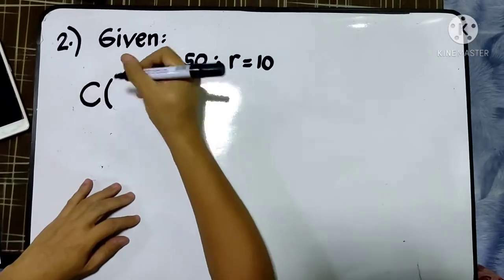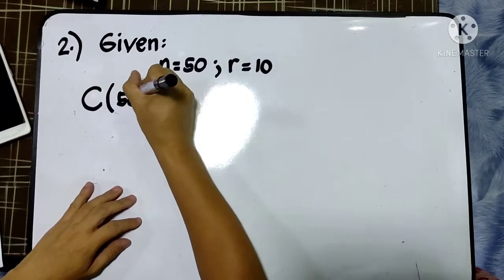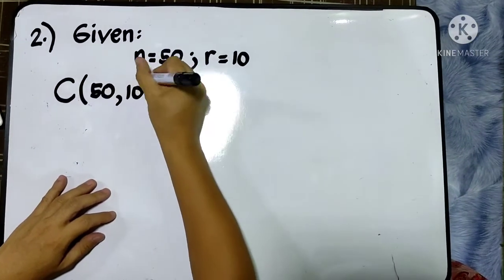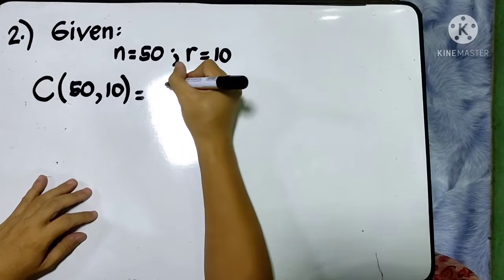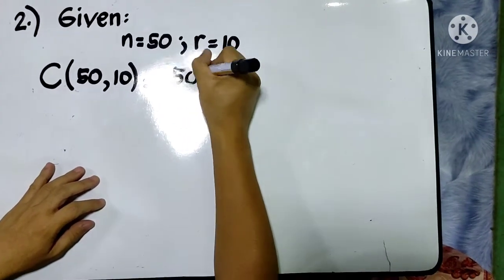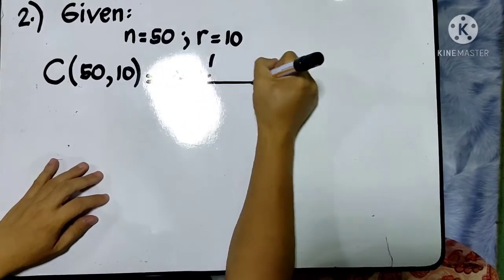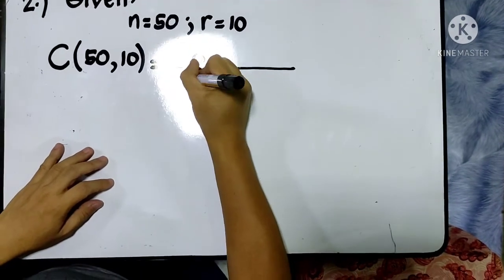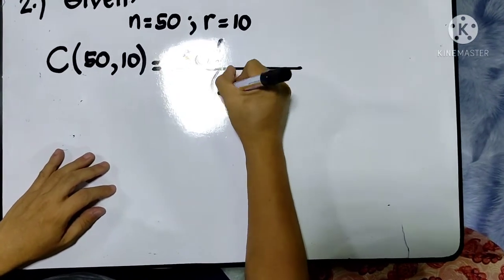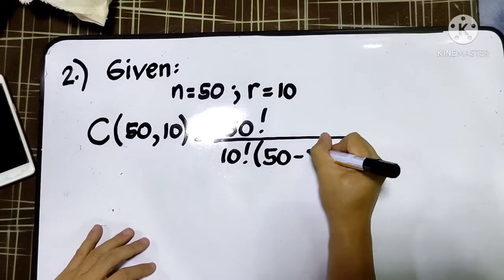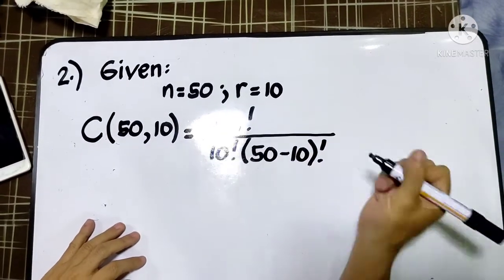So you have the combination of 50 taken 10 is equal to 50 factorial over 10 factorial, 50 minus 10 factorial.